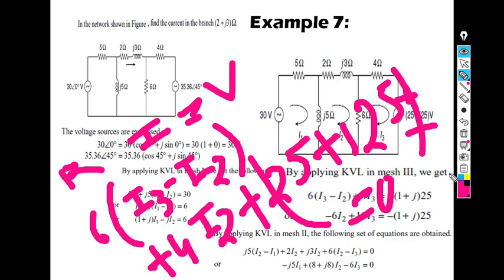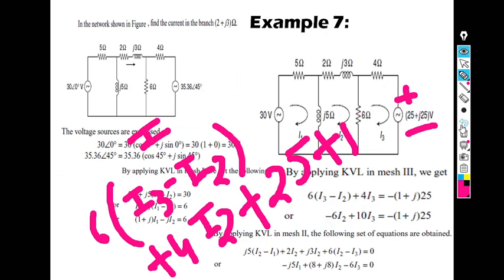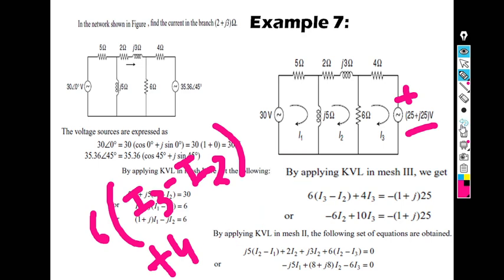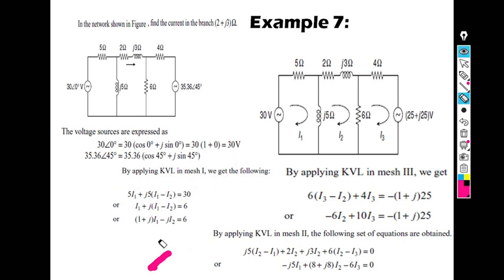If I take this portion, in this portion I'll get minus. That is written here: 6I3 minus I2 plus 4I3 minus I plus J, just taken common, I minus I plus J25. So I have now got 3 equations.